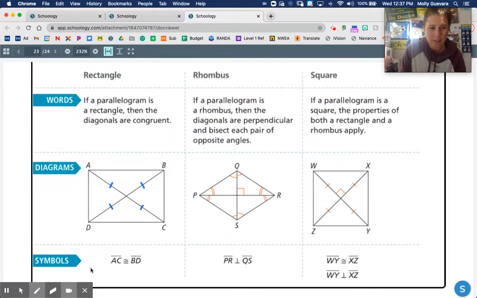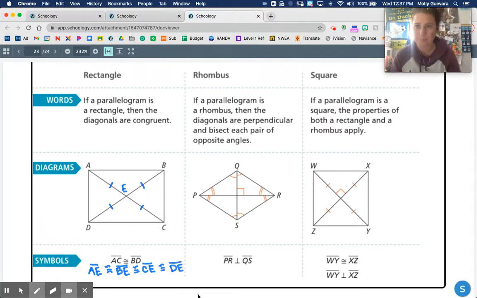So I'm going to add a little note here. Let's call this point E. So AE is congruent to BE, which is congruent to CE, which is congruent to DE, right? All of these are the same. So that's kind of cool. So not only are the diagonals the same, but they also cut each other in half. They bisect each other.